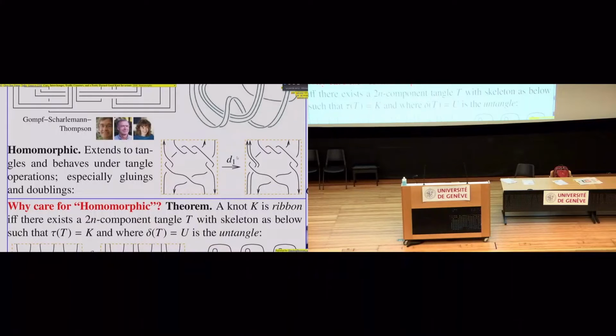Finally, I want to explain what homomorphic means, and I'll be a little bit loose about it because I will not have much time to talk about it. Homomorphic means it should extend to tangles. Tangles are like a piece of a knot, like here, half a knot drawn inside half of the plane.